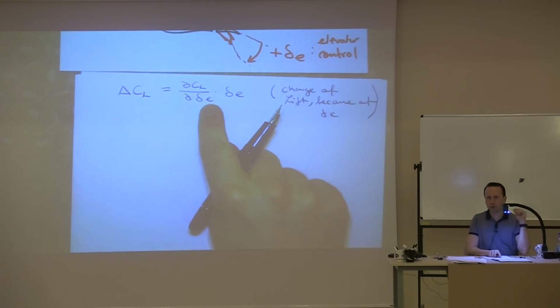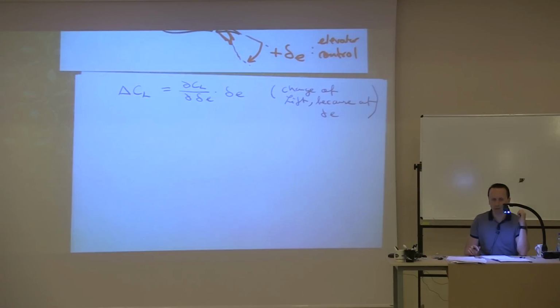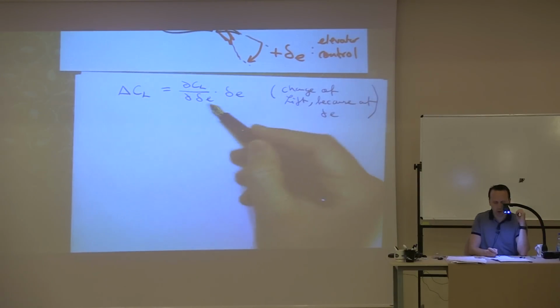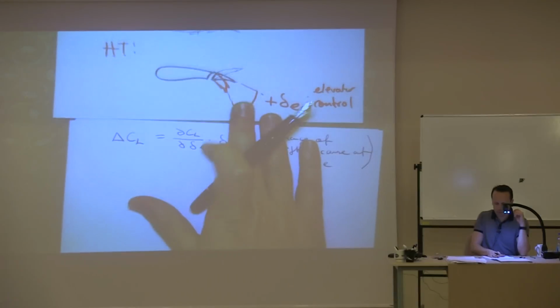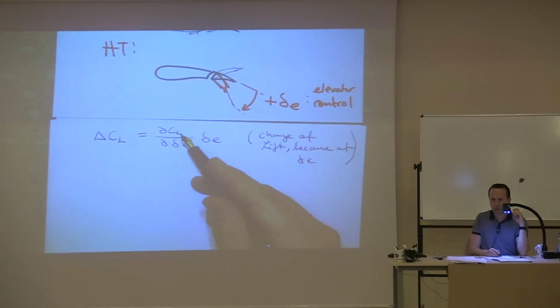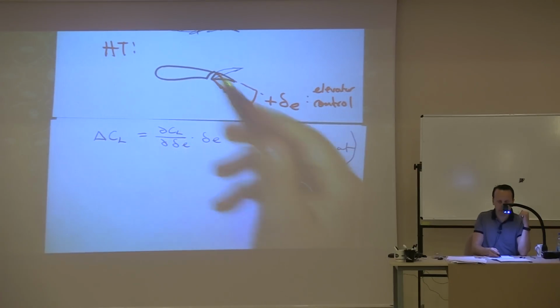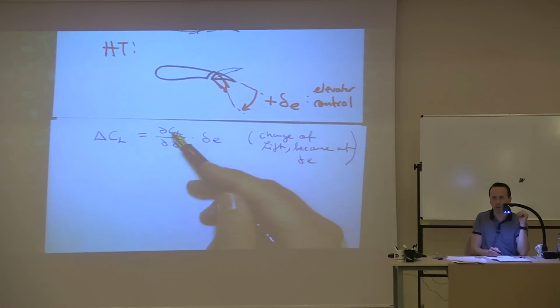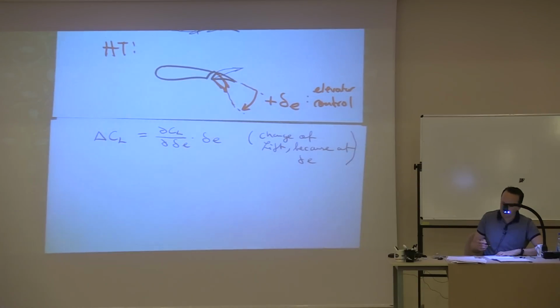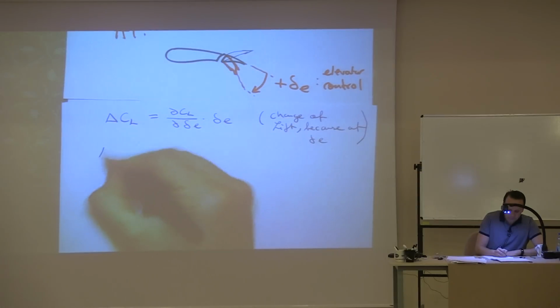Is this number a positive number or a negative number? Del CL, del E. Partial derivative, change of elevator inputs. What will happen to lift? The change in lift because of elevator input. Is it positive or negative? It's positive, right? For the positive elevator input, more lift, and therefore the lift will be positive. Right? Obvious. Okay. And we just answered the question.